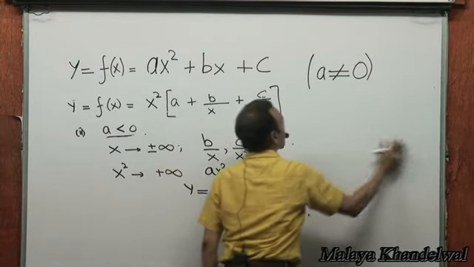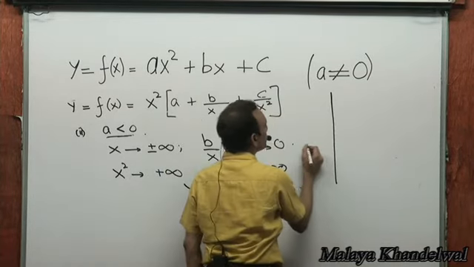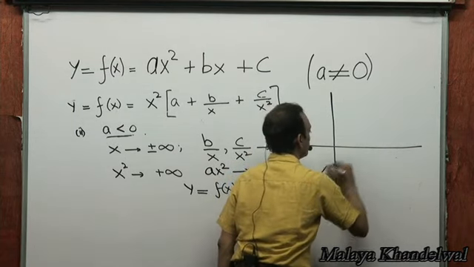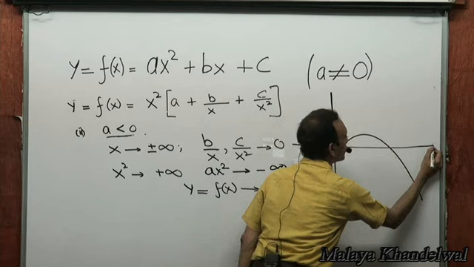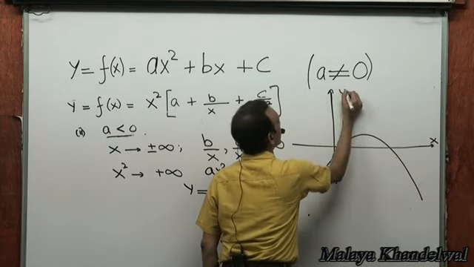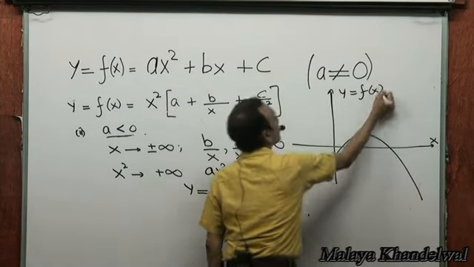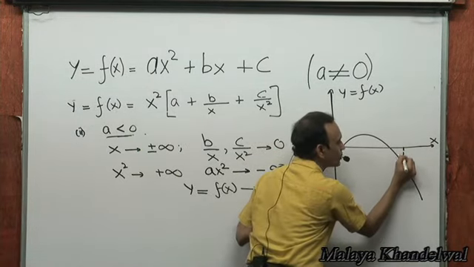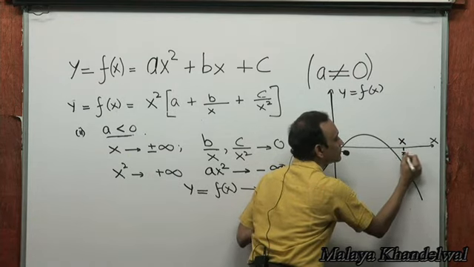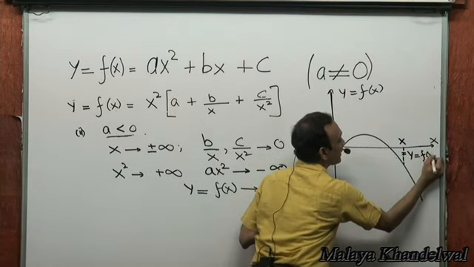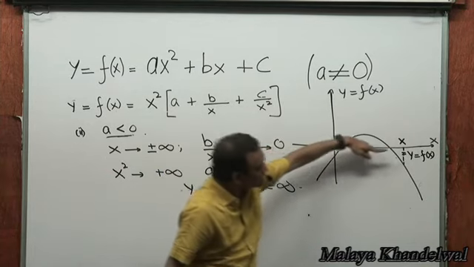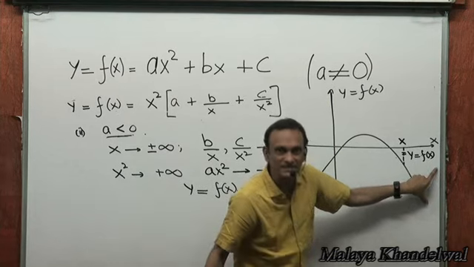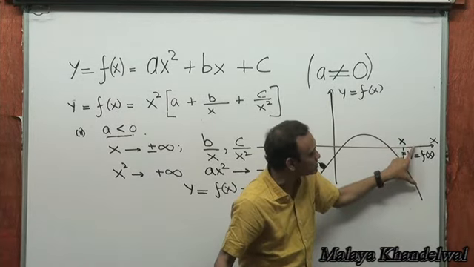Now if you check the downward opening parabola, y equal to f(x) versus x, look at this. This is x, this is y, which is f(x), the value of the function at x. As x tends to plus infinity, what is happening to y? Y is tending to minus infinity, isn't it? It's a negative number and is becoming larger and larger.